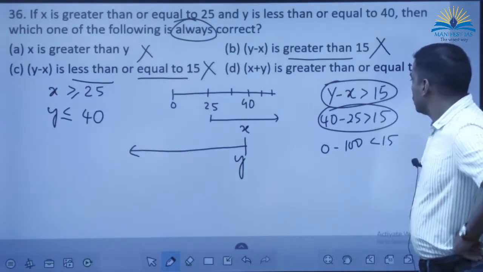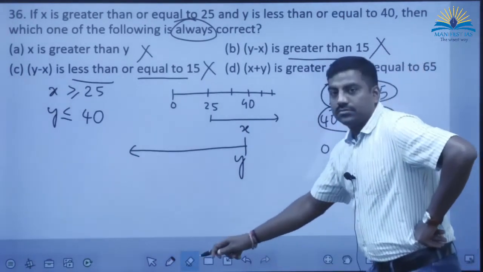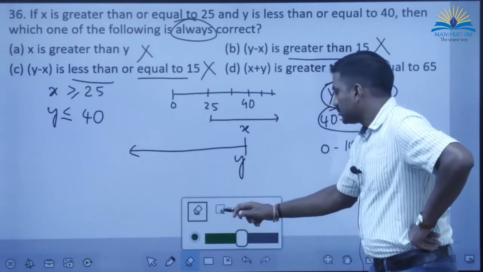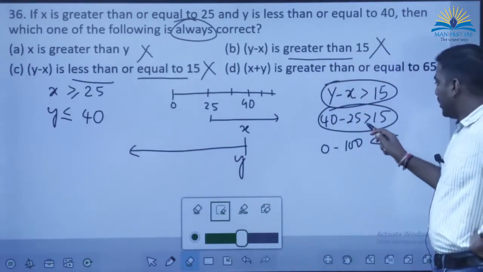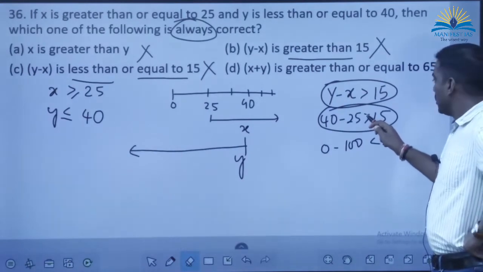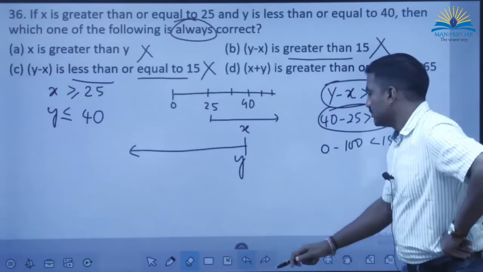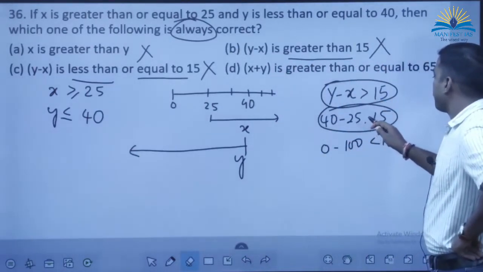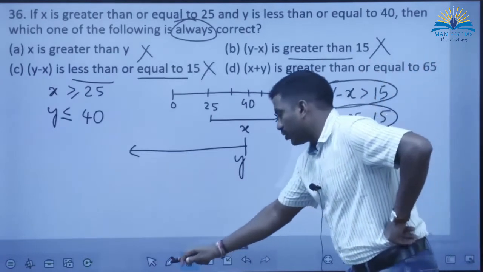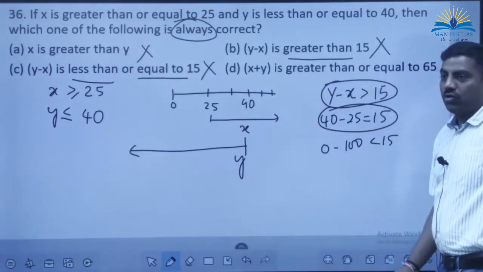It's equal to 41. Okay. But if we take 14 minus 20, it can be greater. See, here, this is what? I'll come one by one, okay? Here, this is equal to 15.